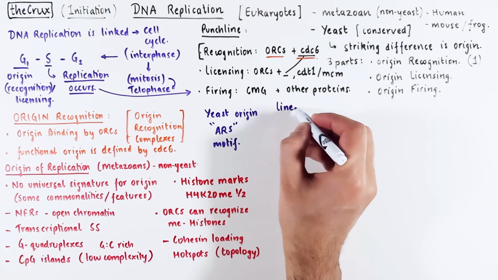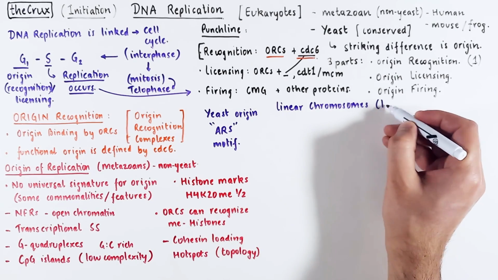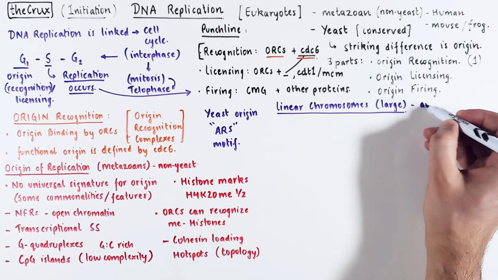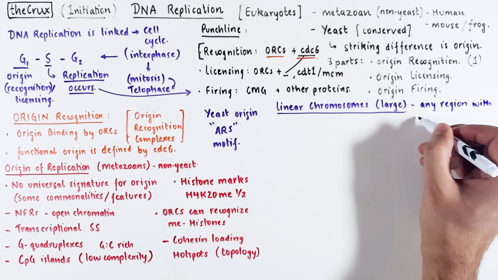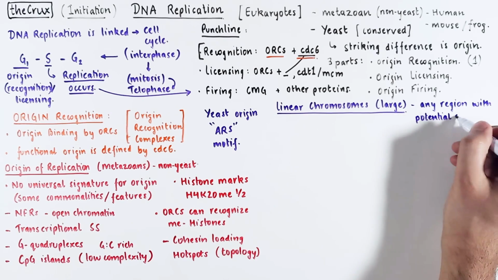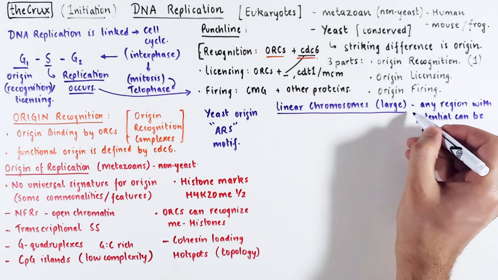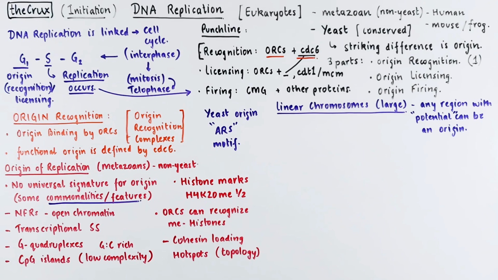One strong feature in eukaryotes is that their linear chromosome structure is actually very large, and this dictates multiple origin of replication requirement. And since there is no universal feature, essentially any potential region of DNA can be used to initiate DNA replication. I say potential because it still needs to fit the common feature requirement.